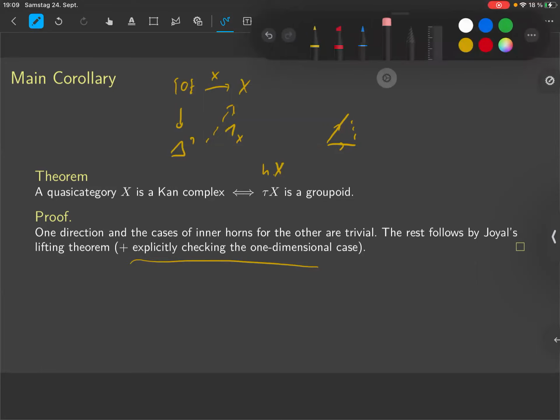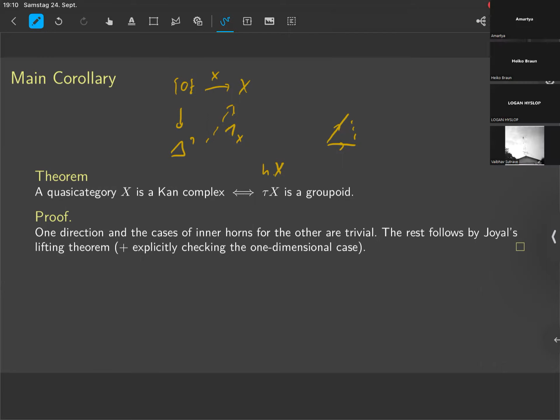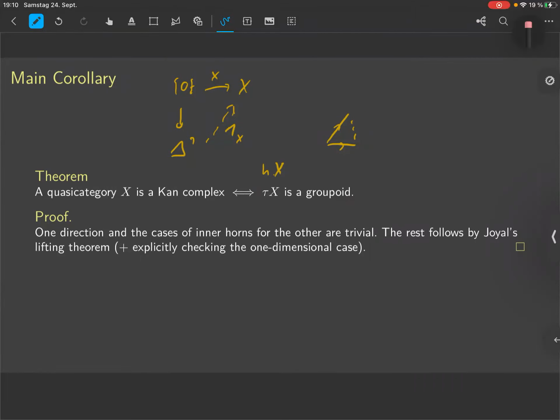Yeah, and this shows really why this is an important corollary, maybe the most important corollary of the theorem. One could also call this corollary the lifting theorem of Joyal, more or less the most important implication of it.